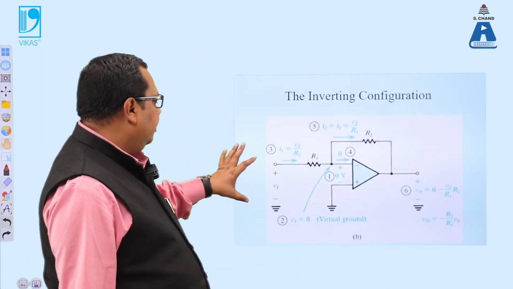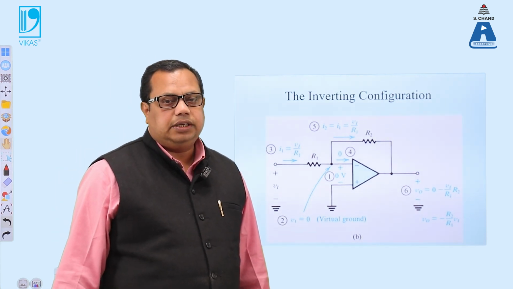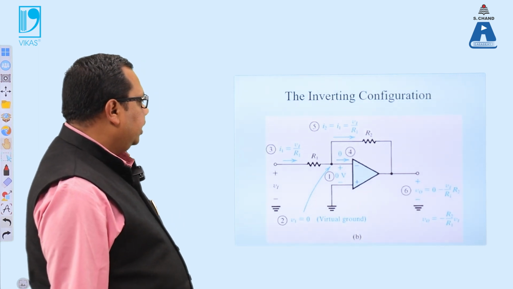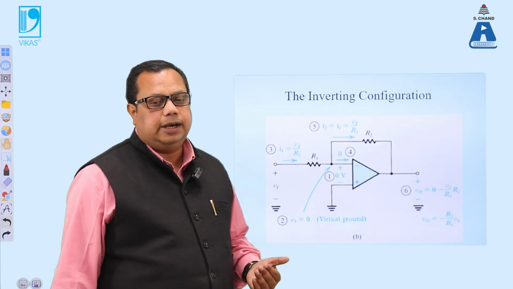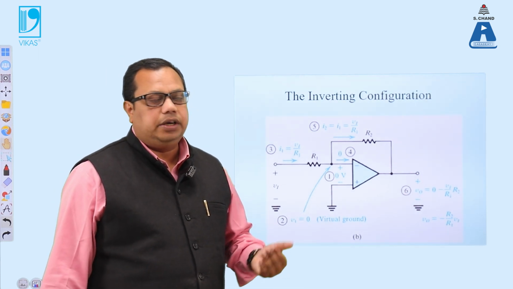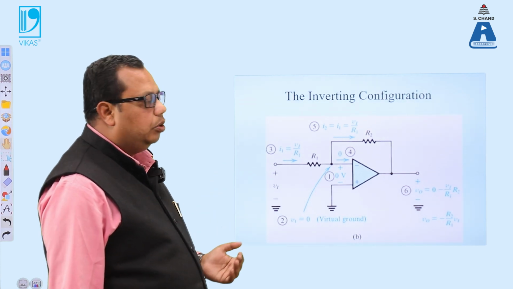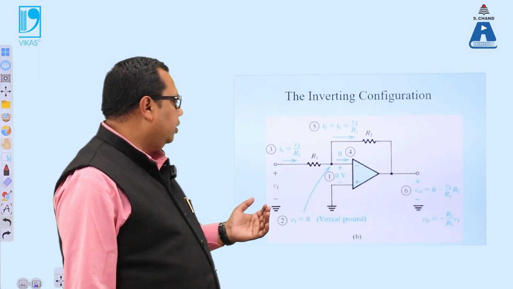So here we can see what exactly the difference in this circuit is, and how it is different from the previous circuits that we have discussed. In the previous circuit we were giving supply to both the inputs. Here we are not giving supply to both the inputs.